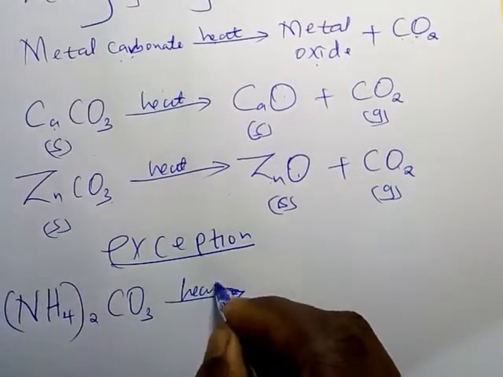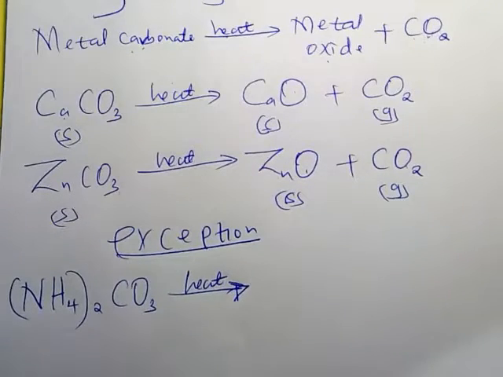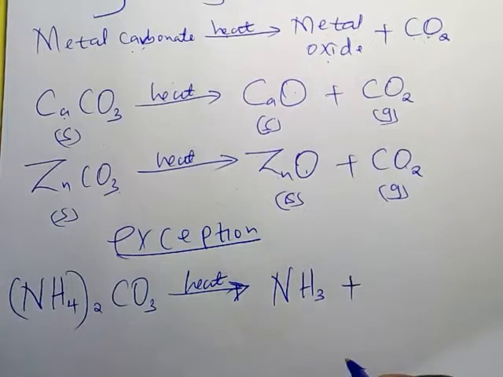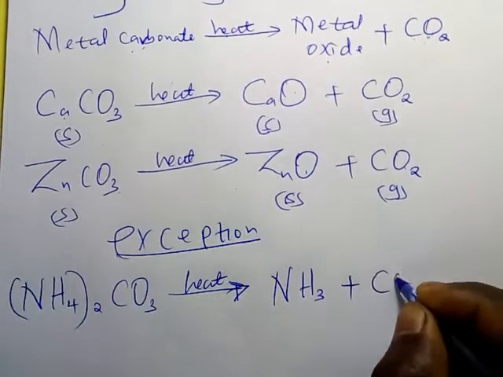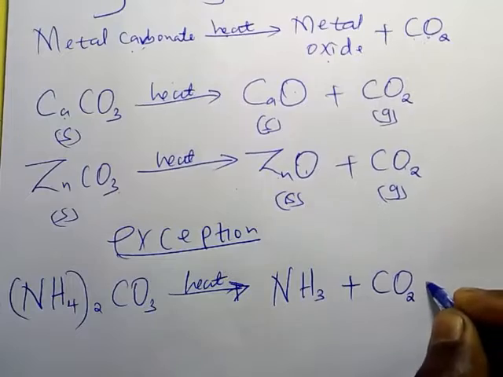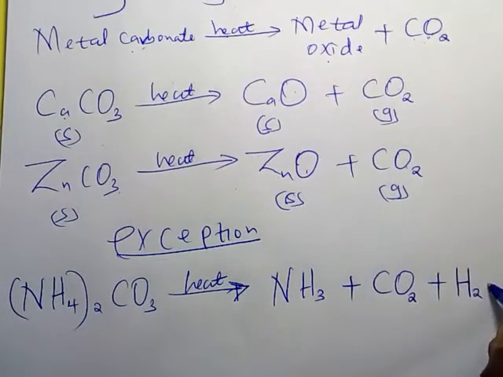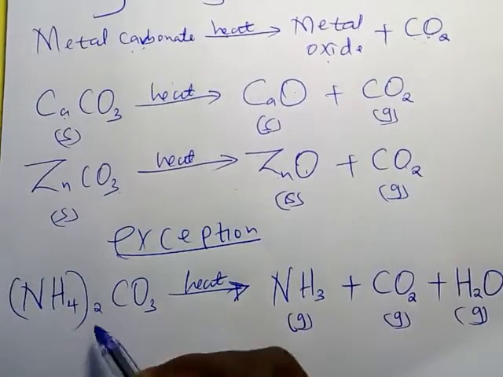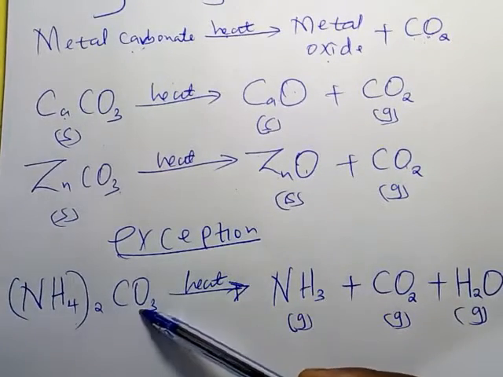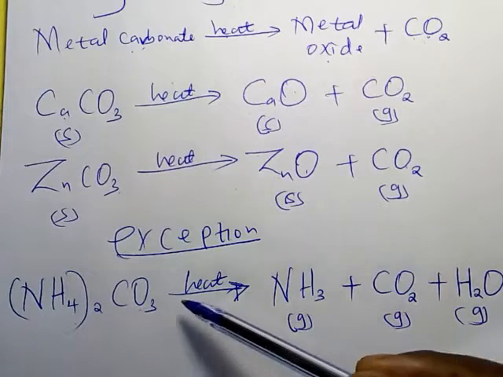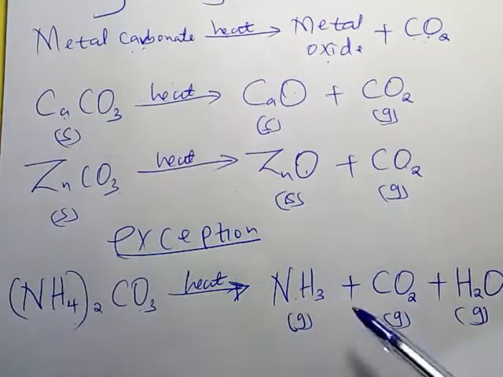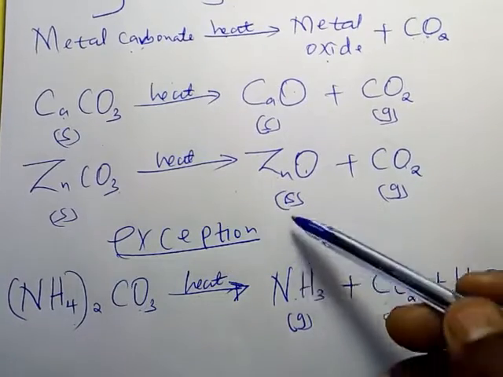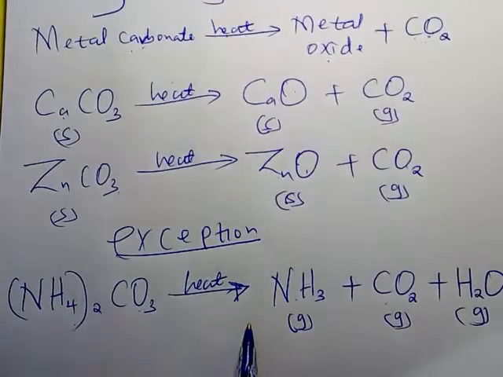So when you heat this, ammonia gas plus carbon 4 oxide gas plus steam are formed. So with the exception of ammonium carbonate, which decomposes on heating to form ammonia gas, carbon 4 oxide and steam, the rest will form what we have said.